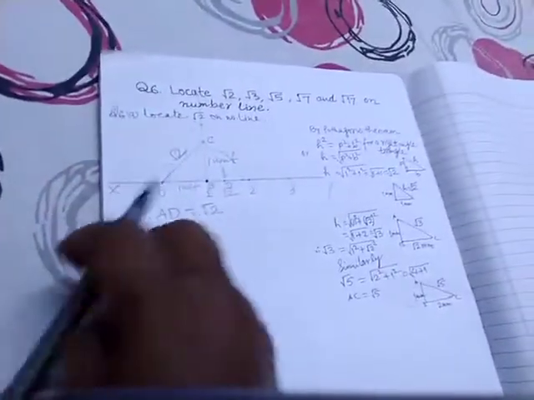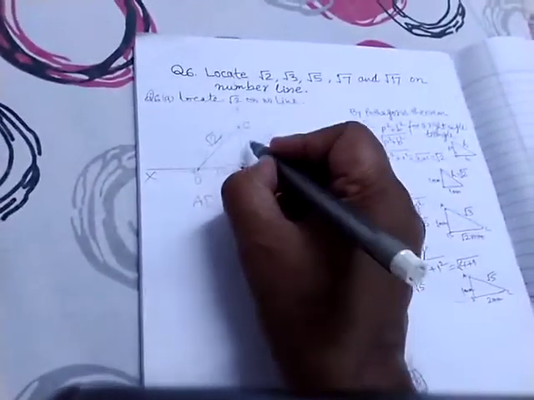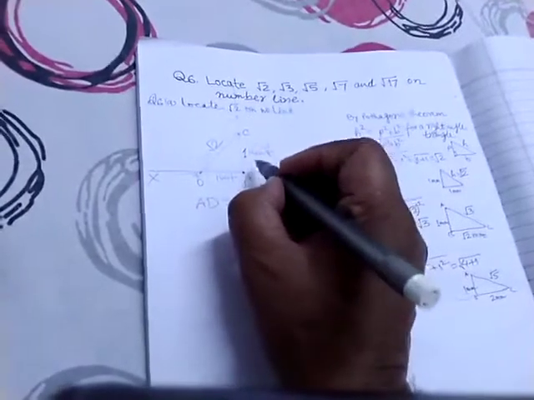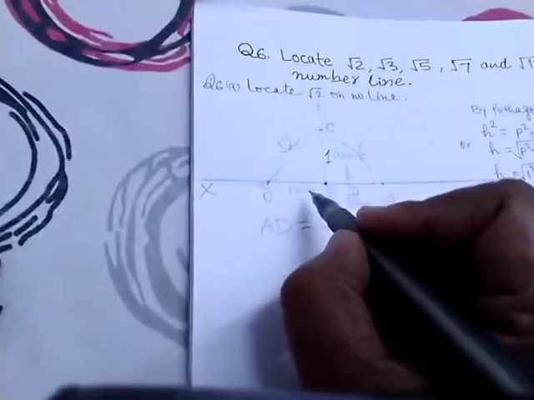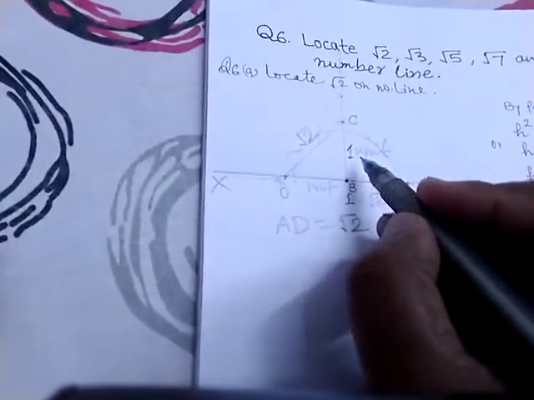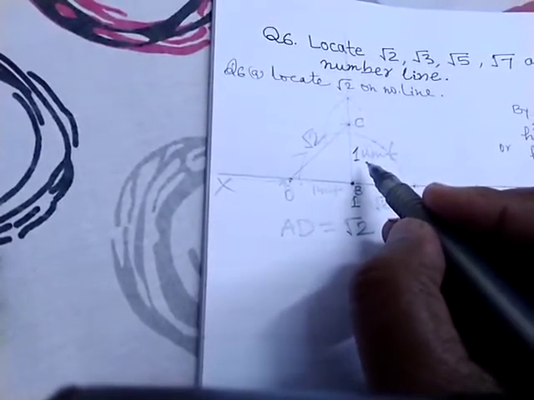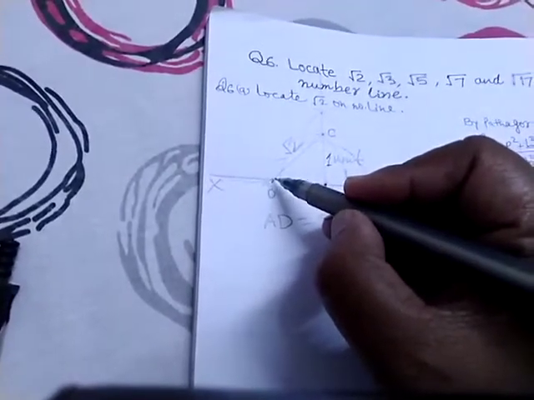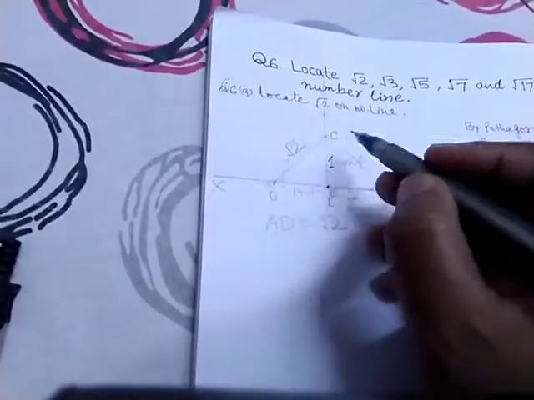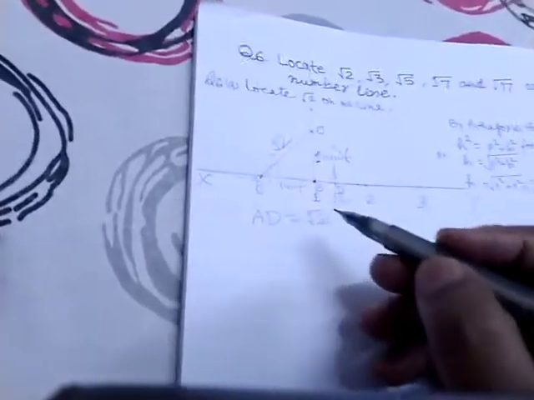This is 1 inch, this is also 1 inch, 1 unit. So here the base is 1, the perpendicular is 1, then automatically this hypotenuse will become root 2.